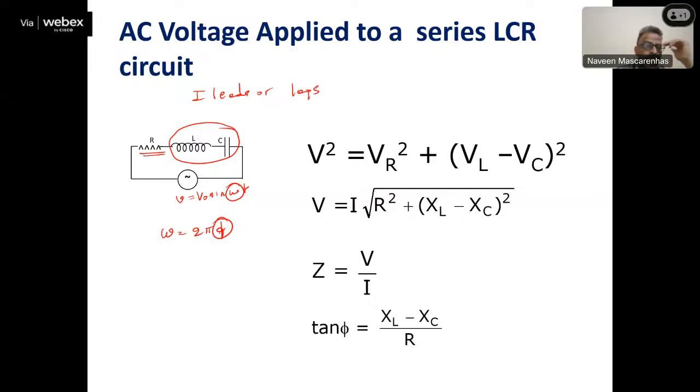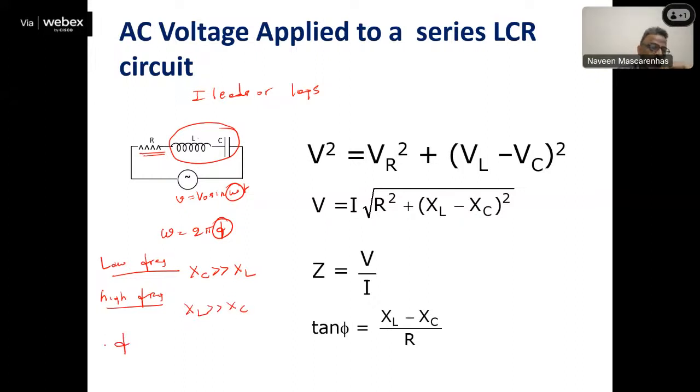There are very low frequencies, what happens? XC will be much greater than XL. At very high frequencies, surely XL will be much greater than XC.